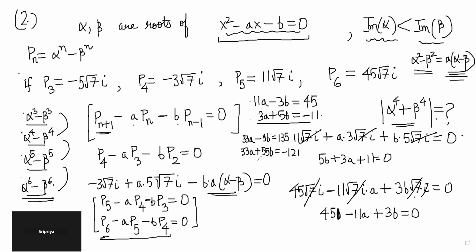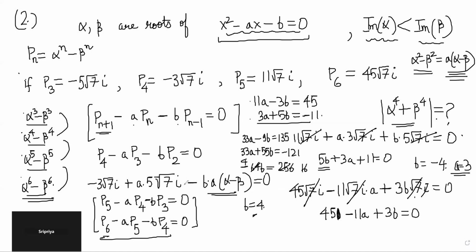Subtract, you would get minus 64B, is equal to 135 plus 121, 256. So B is coming as minus 4. So B is minus 4, right? And A is 3.